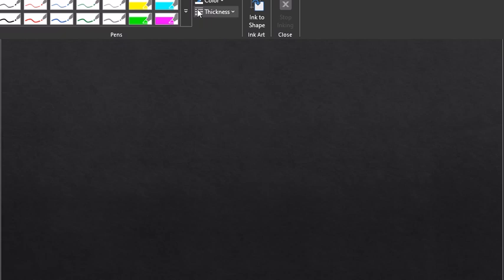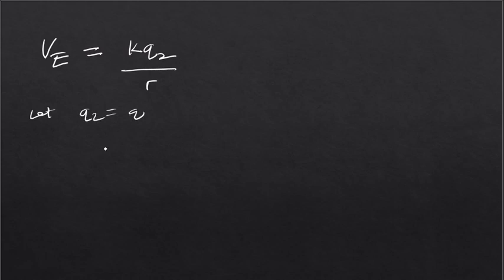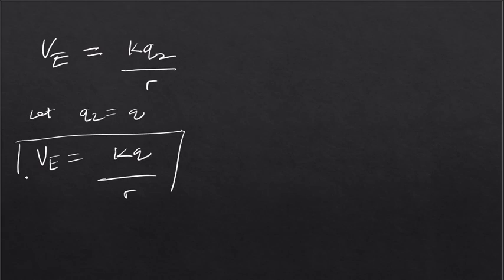So from this point, we are saying that VE is equal to KQ2 over R. Let Q2 be equal to Q, just a Q, so that VE is equal to KQ divided by R, and this becomes the electric potential that we have.